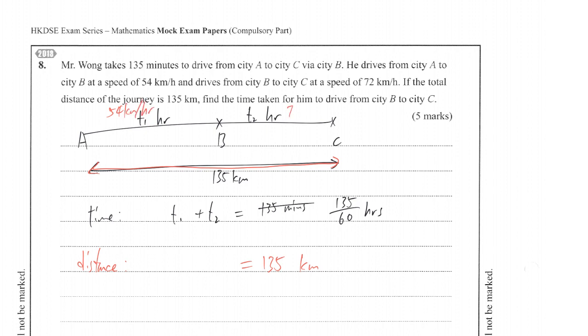And then this section is 72 km per hour. The distance is the speed times the time spent for this section. Another section is the speed times another section time spent. So what I write basically is the distance from A to B plus the distance from B to C.